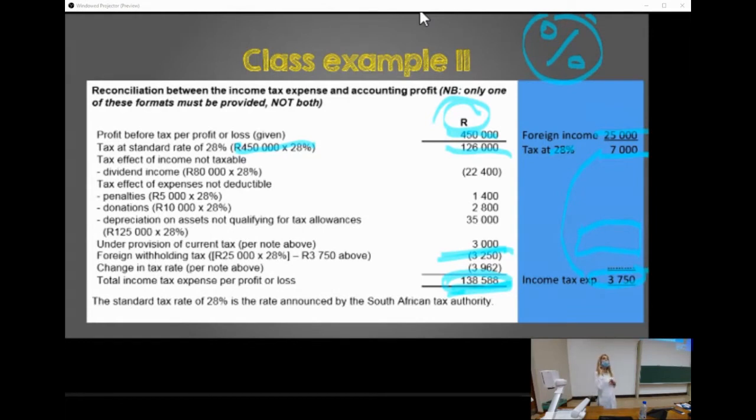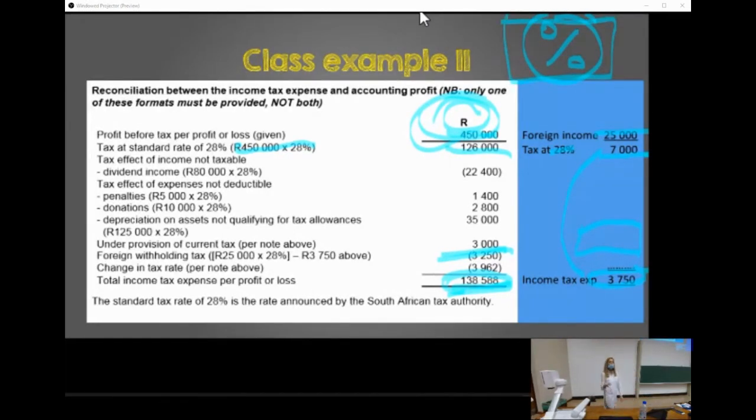However, most of the time we will tell you we want either this format or the rand format or the percentage format. If we don't tell you, then my advice is that you always stick to the rand format. Make sure you know how to do the percentage format.